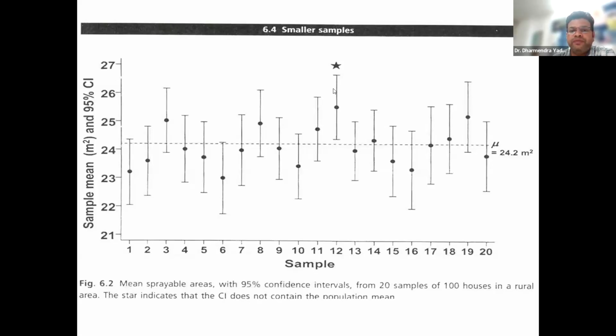So this is your population mean. This mean value is 24.2. This is your exact population mean.